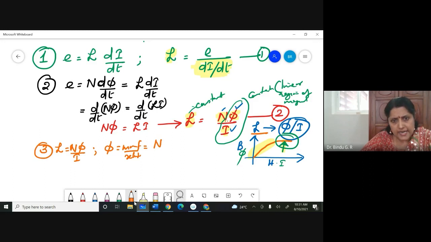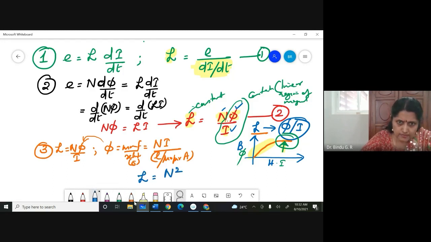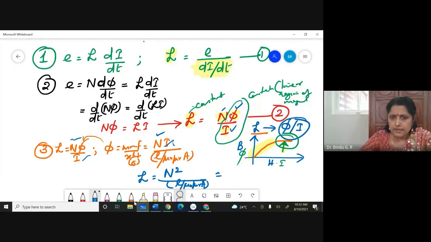That you know is Ni by l by mu 0 mu r into A. The reluctance equation we have already learned, or reluctance, we usually denote by S. Now I substitute this equation here and I get L is equal to N squared. This N and this N comes, N squared by I, and I get cancelled. Okay, N squared by l by mu 0 mu r into A. Or that is L is equal to N squared by S.